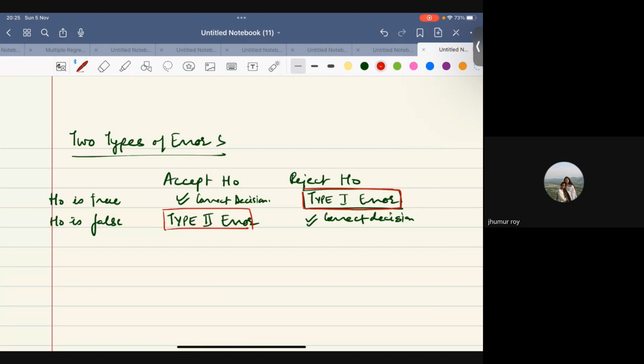See, for example, because of the sample that you have collected. Now, if I say a null hypothesis is true, suppose I say there is no difference between the IQ of men and women.